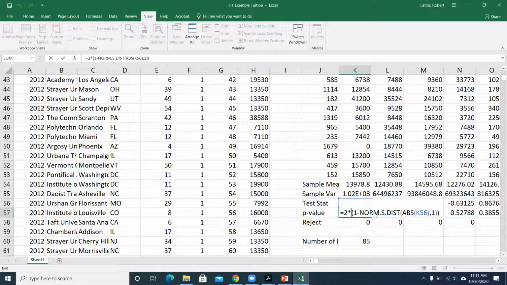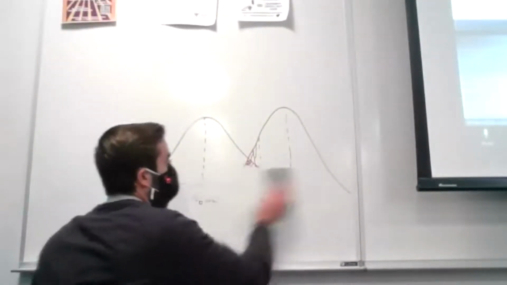And here I set this up as if we did a two-tailed test, right? So I had two tails. It didn't matter if I found a sample mean that was less than or greater than that assumed true mean. I would find the area that's more extreme than that test statistic.